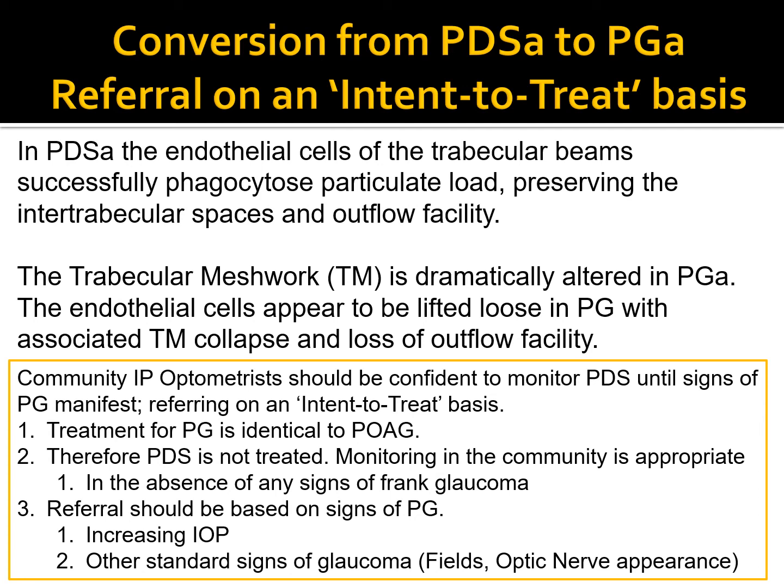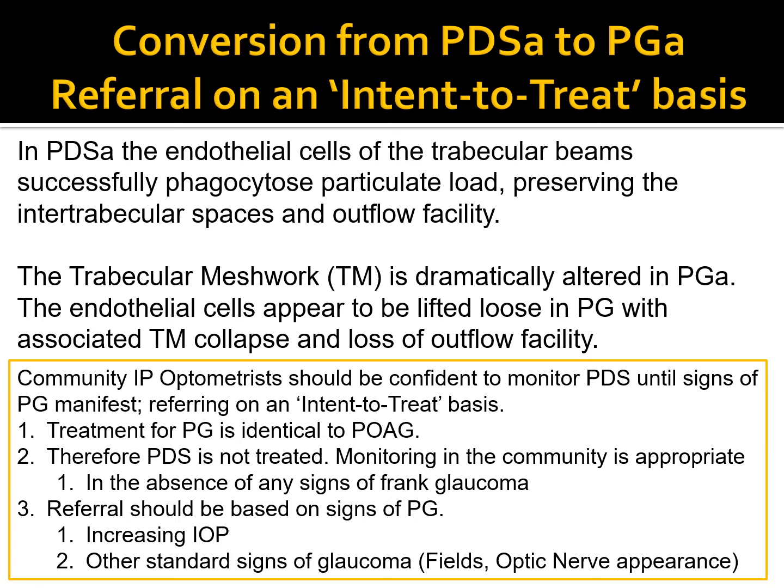Conversion from PDS active to PG active, and this is important for us because this links down to all optometrists, referral on an intent to treat basis. So in inactive pigmentary dispersion syndrome, the argument is the endothelial cells of the trabecular beams successfully phagocytose particulate load, and they do it so well that it preserves the intratrabecular space as an outflow facility.